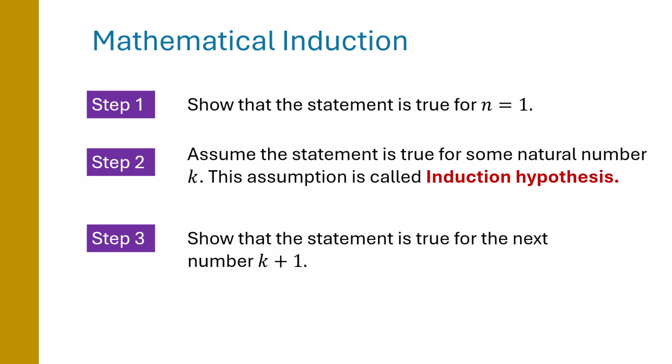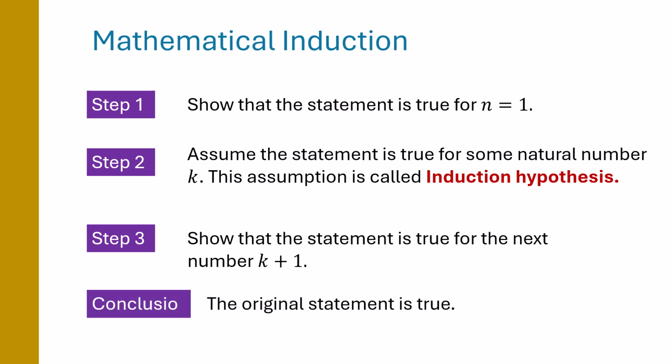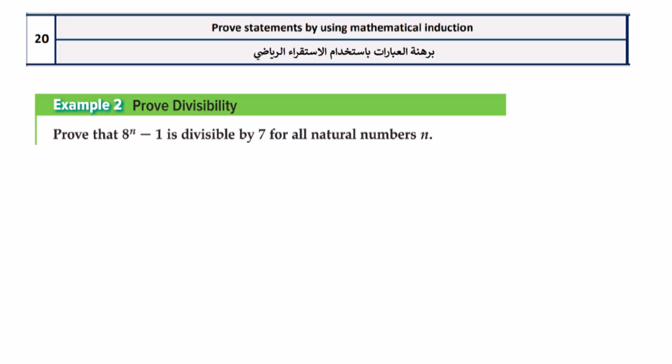So after k comes k plus 1. So if it is assumed to be true for k and you prove that it is true for k plus 1, the next number, then by the principle of mathematical induction you can conclude that the statement which is given is true. Okay, so I will be solving this question using the 3 steps I explained to you before.